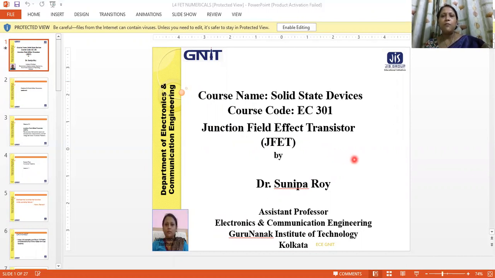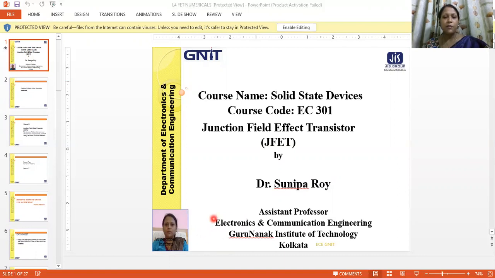So if we go through the drain characteristics of JFET, we can see that this part of the characteristics is linear, indicating the ohmic region, indicating that for low values of VDS, current varies directly with voltage following Ohm's law.